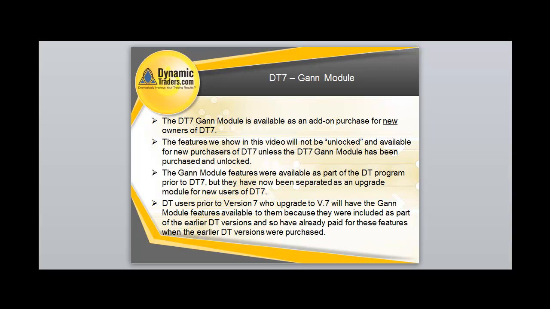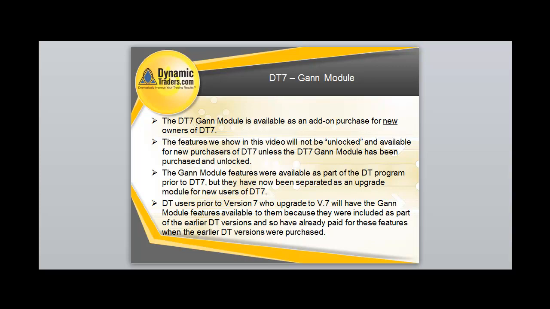So why have we separated the Gann module out from the new version 7 of DT? Well, primarily because, frankly, only a small percentage of traders use traditional Gann chart geometry.